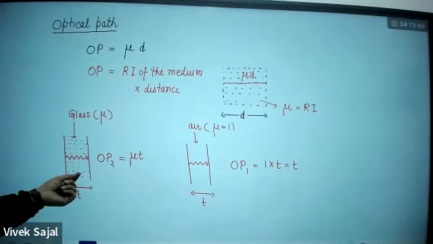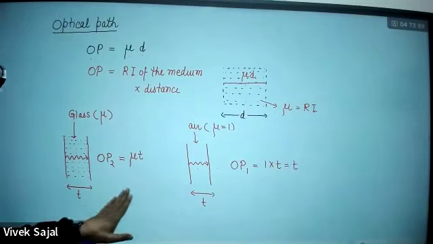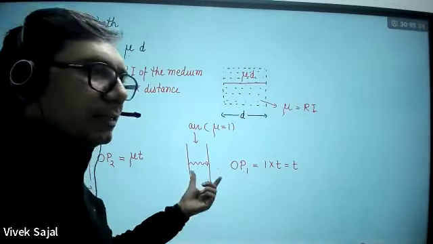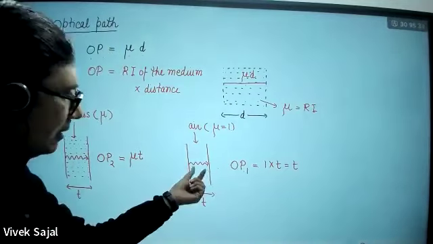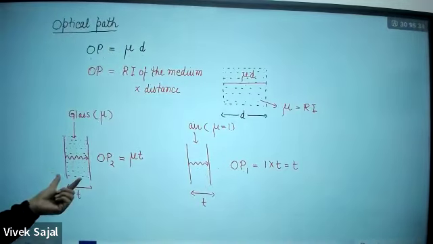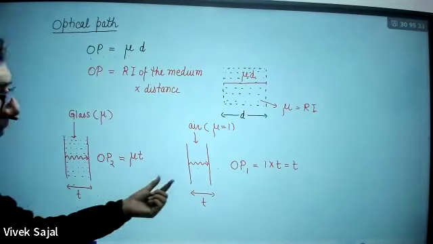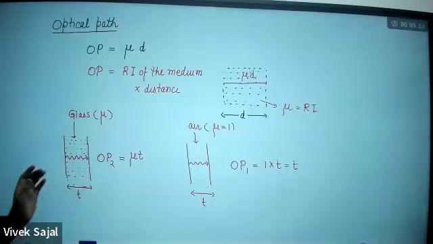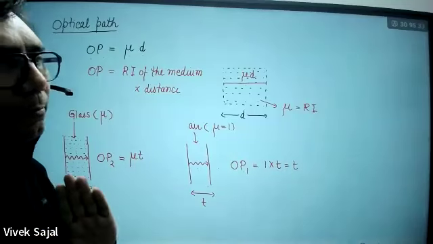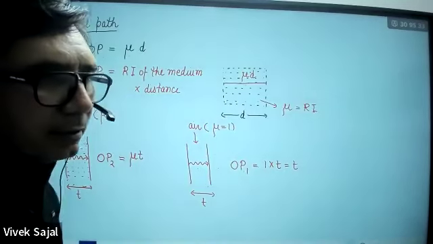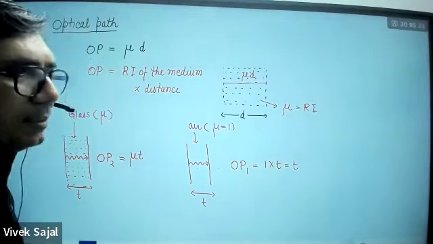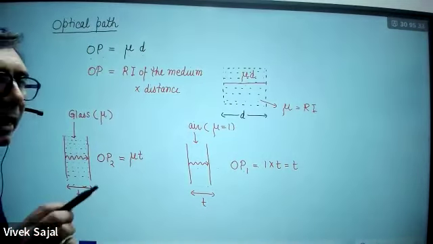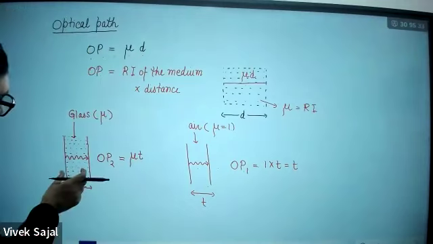So due to the introduction of the glass plate, here this was air of thickness t, and if this space of thickness t is filled by glass, then what is the change in optical path? What is the extra path introduced by this glass plate?